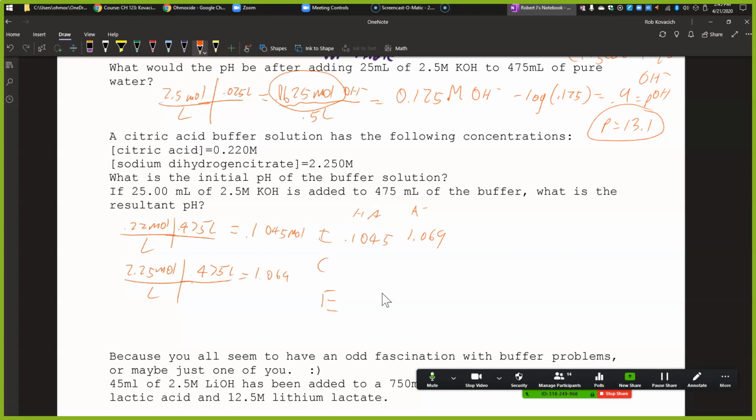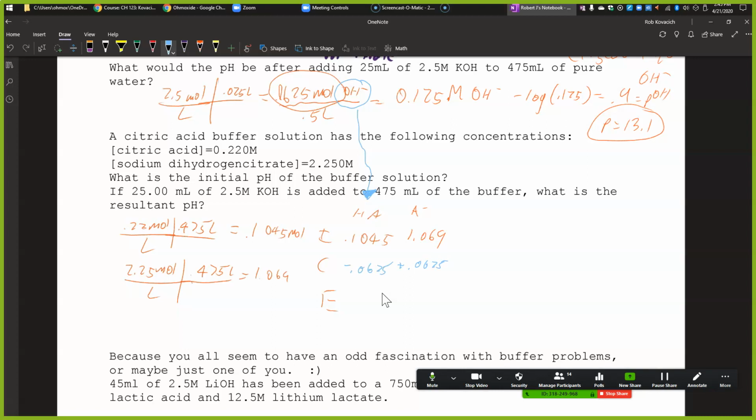And what is this potassium hydroxide going to react with? It would react with the acid, because it's going to make water in the base. So then I'm going to add 0.0625 here, and subtract 0.0625 here.